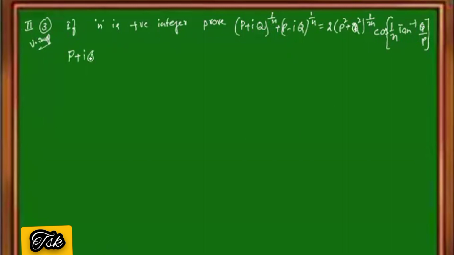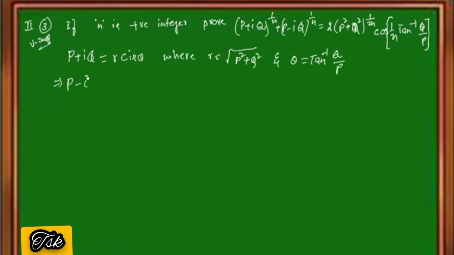Let us consider p plus iq is equal to r cis theta, where r is equal to root of p square plus q square, and theta is equal to tan inverse q by p. Okay. Therefore, p minus iq is nothing but r cis minus theta.